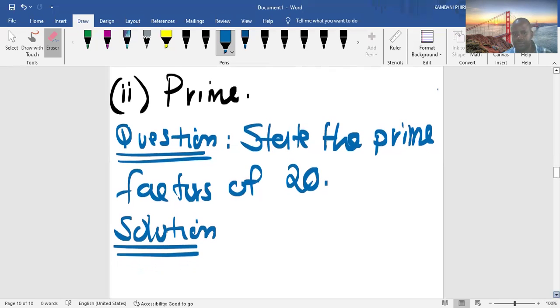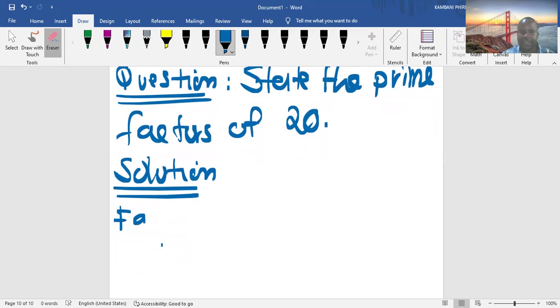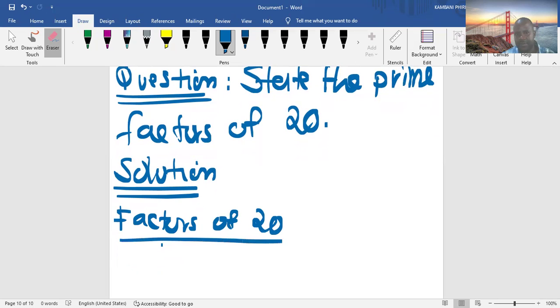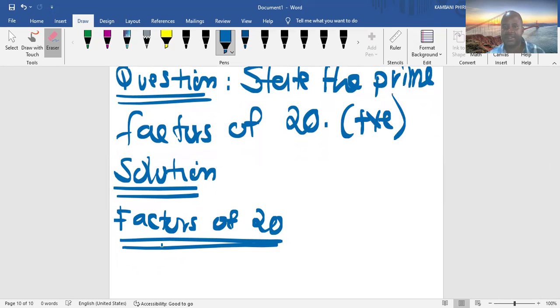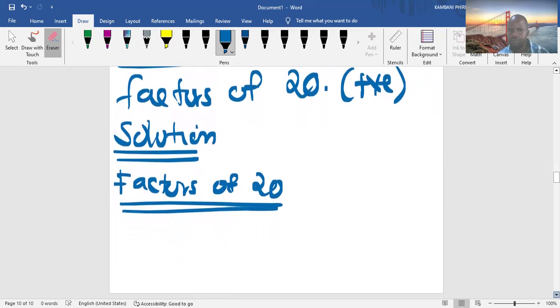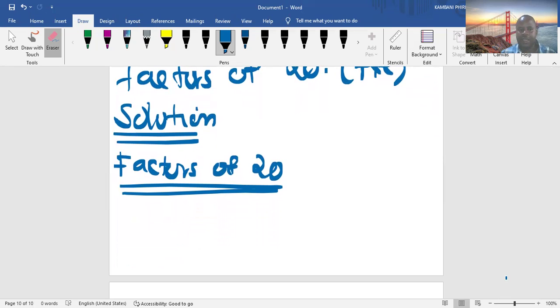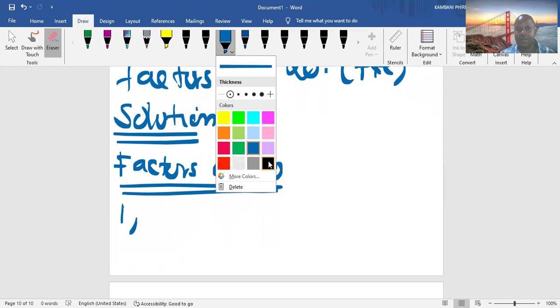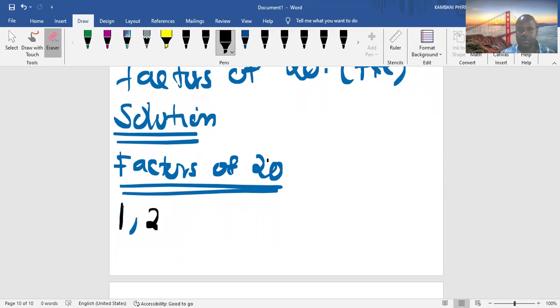So, what we do is we can come up with factors of 20. By that, we'll restrict ourselves to positive numbers. Okay. What are these? 1, 2, 4, 5, 10, and 20 itself.